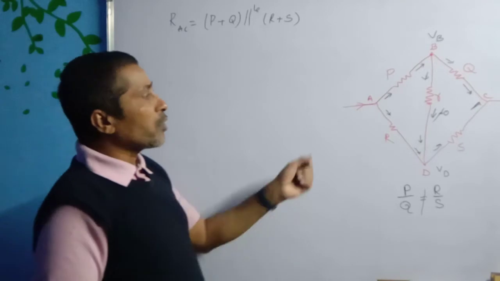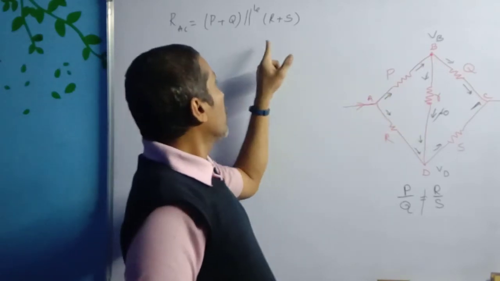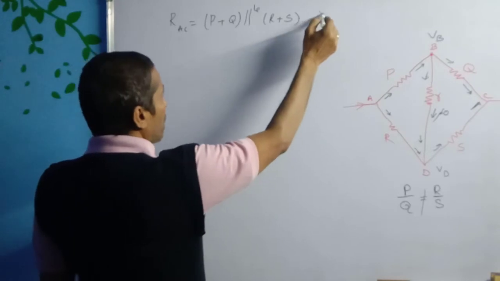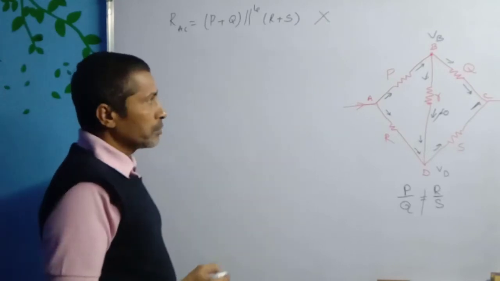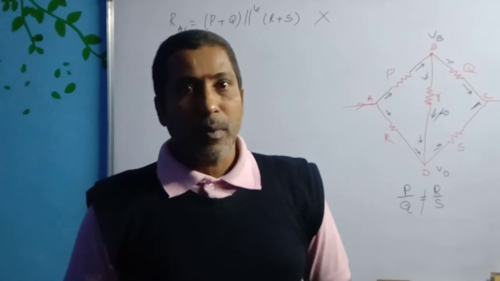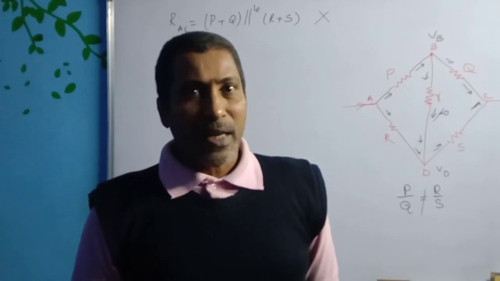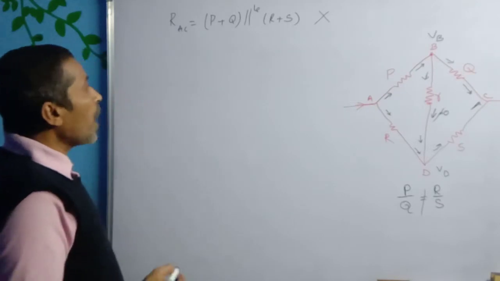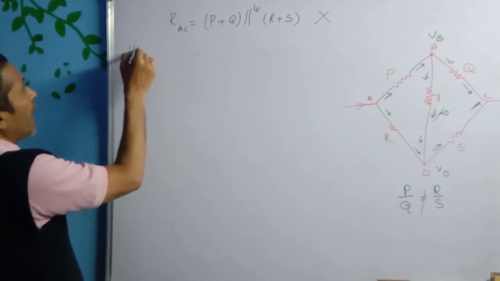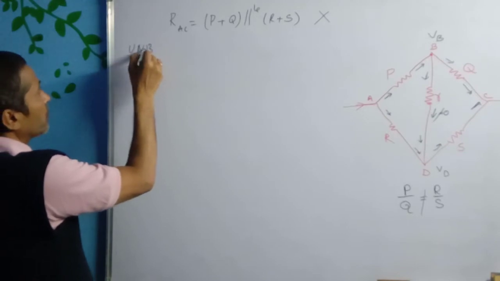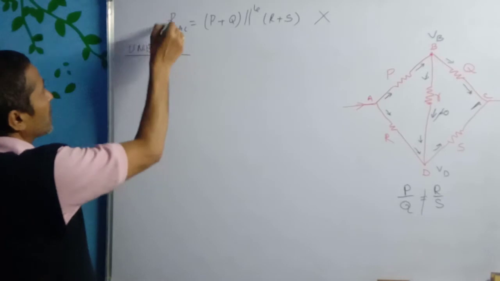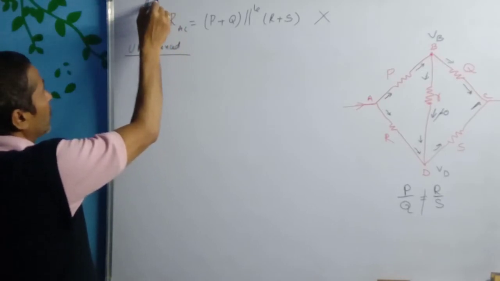So you have to substitute another formula instead of this one because this formula is not sufficient. By network theorems and Kirchhoff's laws, we can prove the new formula for the unbalanced Wheatstone bridge circuit. This is for the balanced circuit.